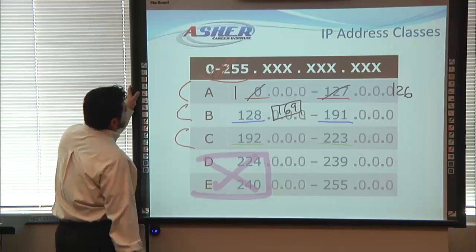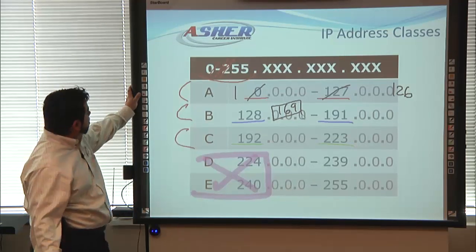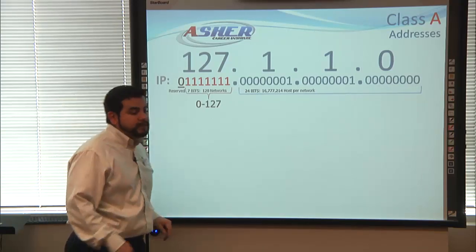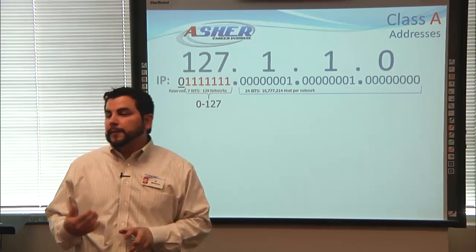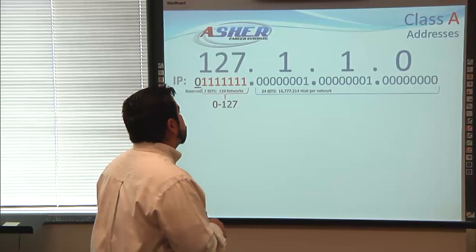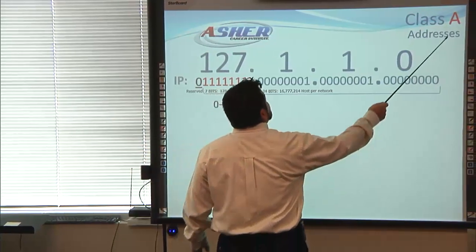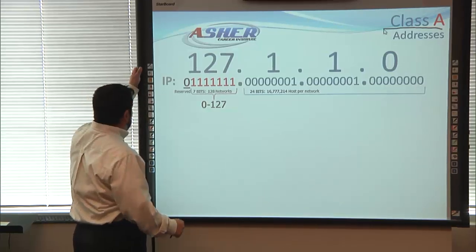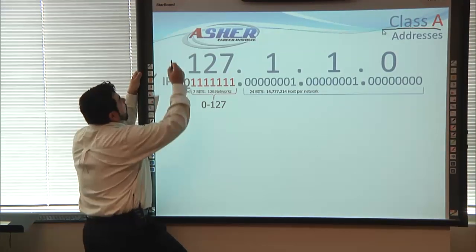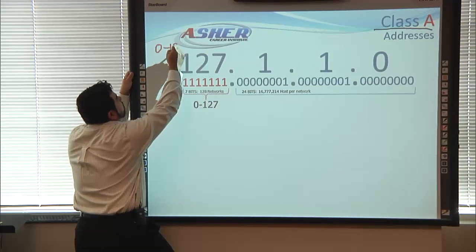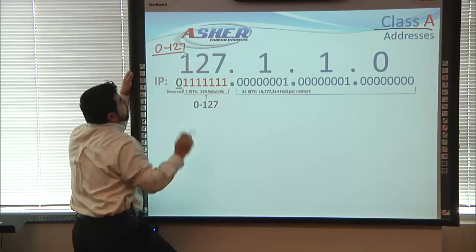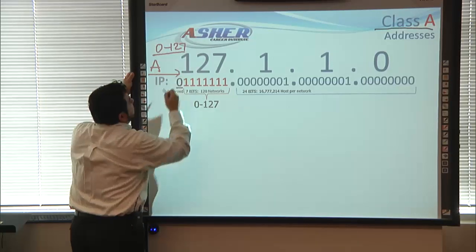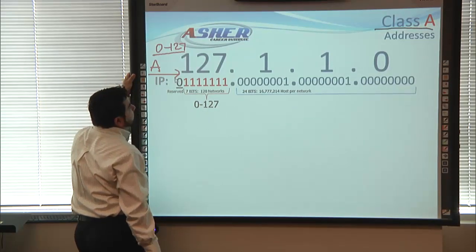All right. So moving along, now that we talked about the easiest way to classify the classifications, let's talk more in depth about each one of the classes. First, we'll start with a class A. In a class A, we have a range of 0 through 127, right? That is the first way to identify that this is a class A, because of that number right there, 127.